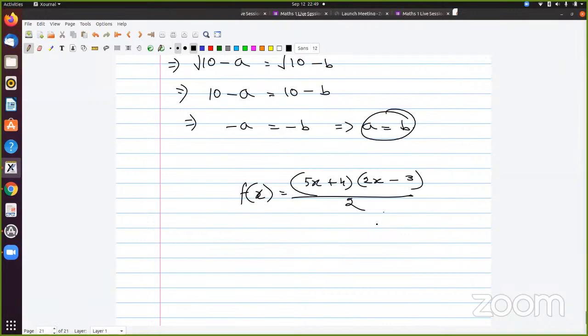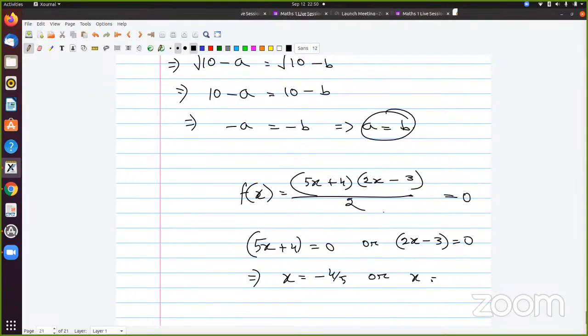Can you tell me when the output is 0? When one of them is 0, right? So either this is 0 or this is 0. So what is your x? Minus 4 by 5 or 3 by 2.